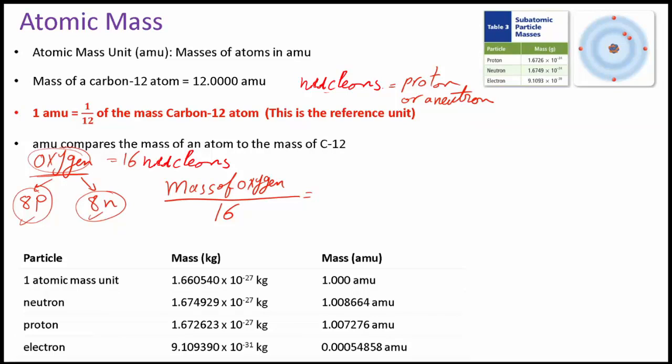Can anybody tell what is the meaning of this result? This should be the average mass of a nucleon, the average mass of a proton or neutron inside the nucleus.